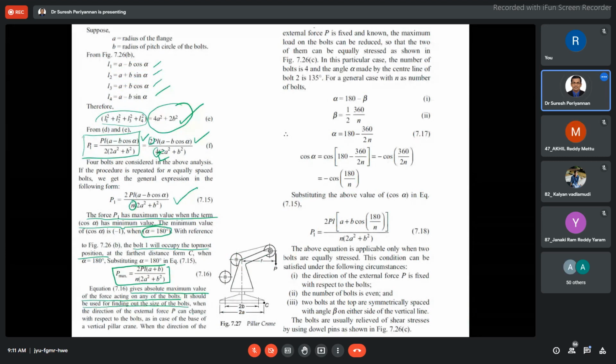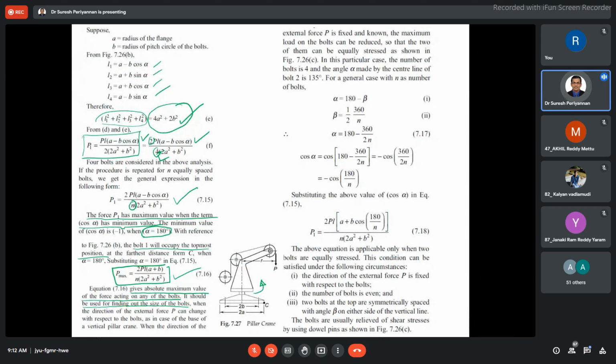But when the direction of the external force can change, this case is valid. Another way, you may change the bolt angle alpha. Otherwise, you can change the load direction. For example, a rotary crane. Suppose the load is changing from one position to another position, instead of changing the bolt condition.